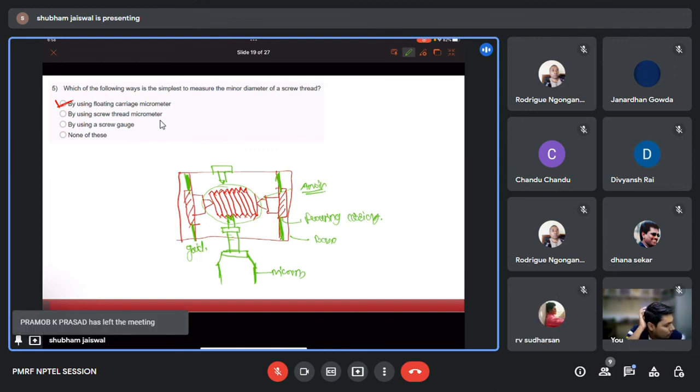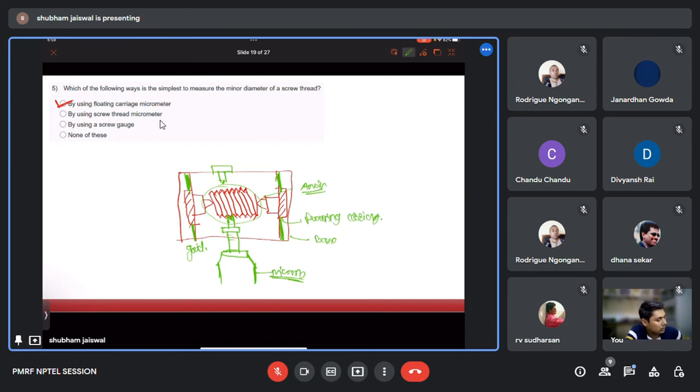Then we will keep a screw whose internal minor diameter needs to be measured, and then we will tighten using this screw gauge, and using the anvil, these different shapes of anvil, we can measure the minor diameter of the screw thread.